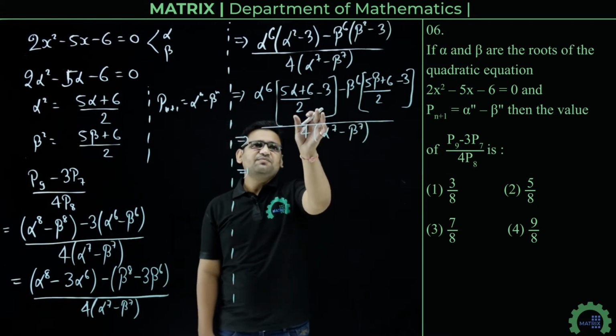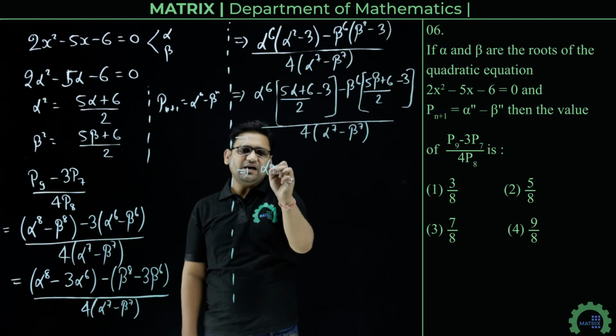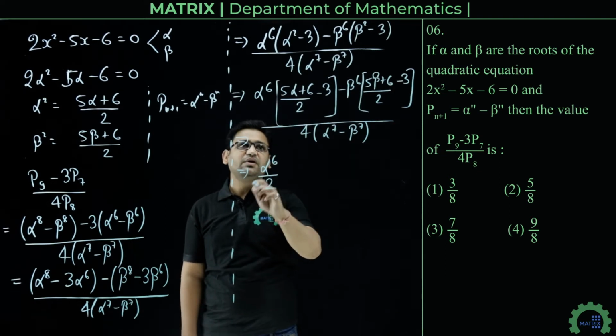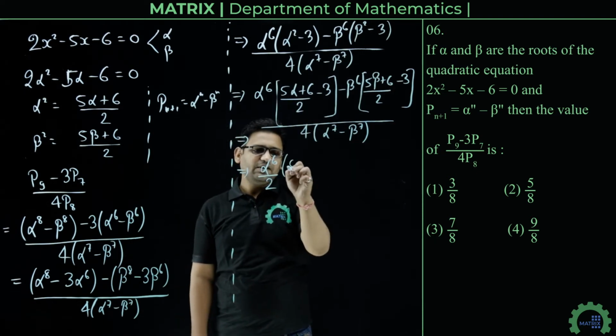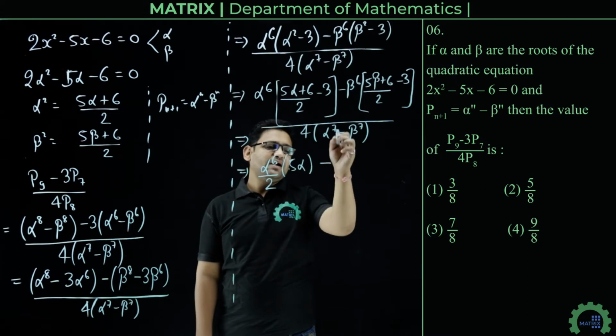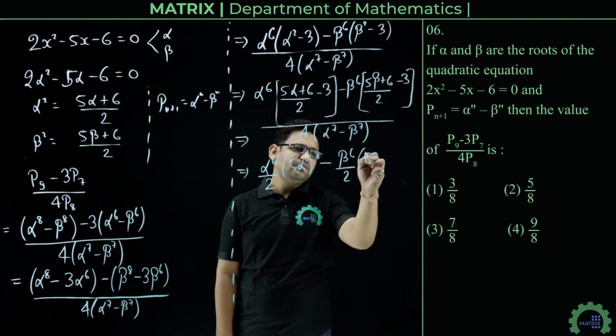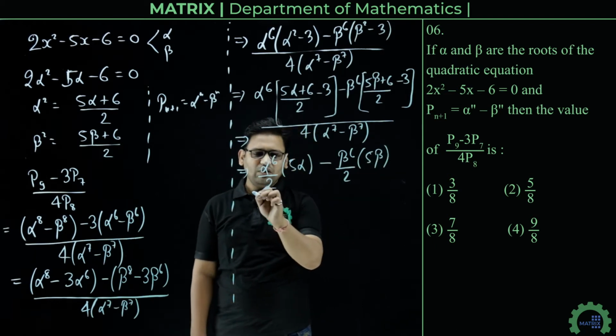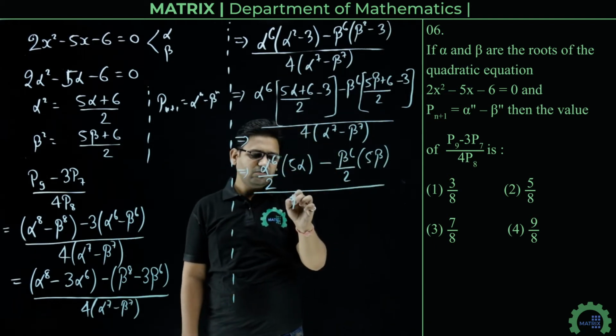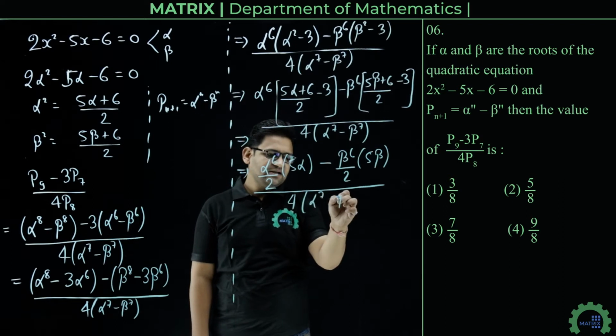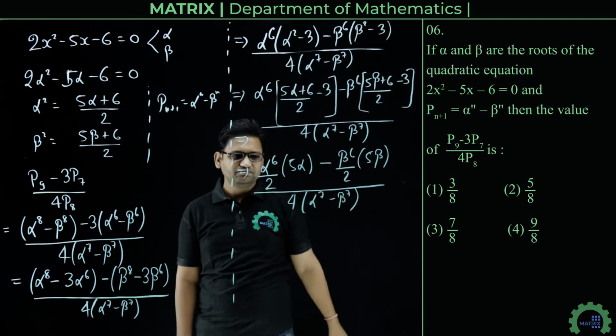So we can simplify this expression and we get alpha raised to power 6 upon 2 into 5 alpha minus beta raised to power 6 upon 2 into 5 beta, whole divided by 4 into (alpha raised to power 7 minus beta raised to power 7).